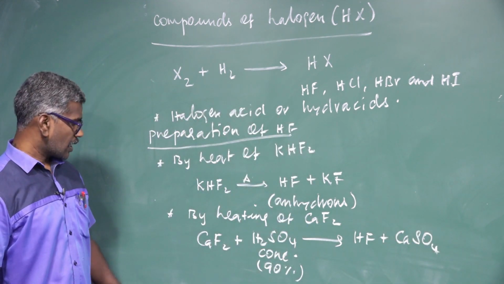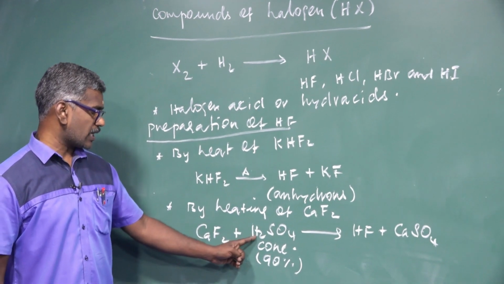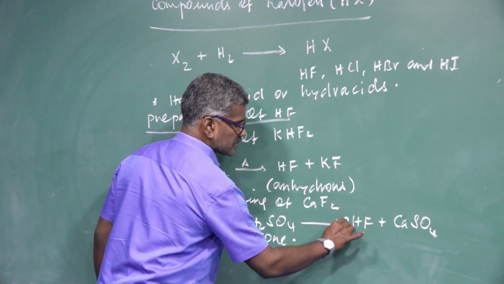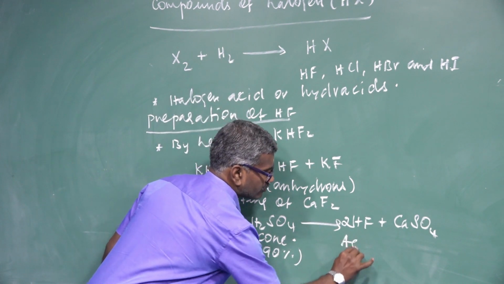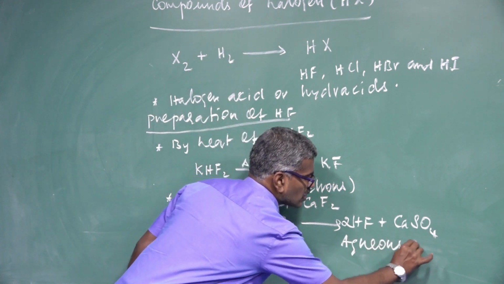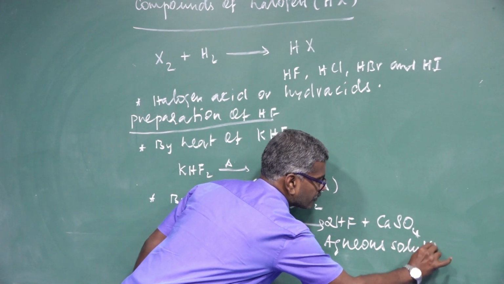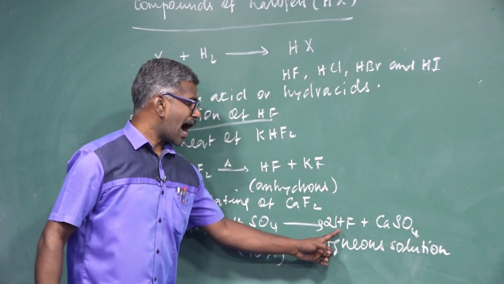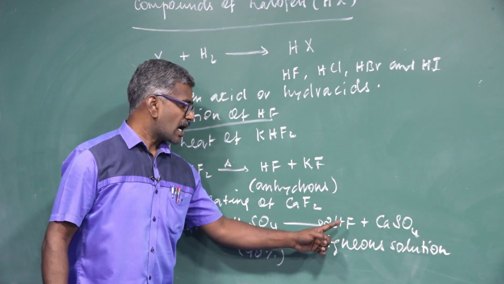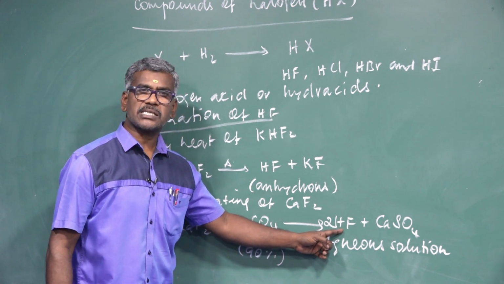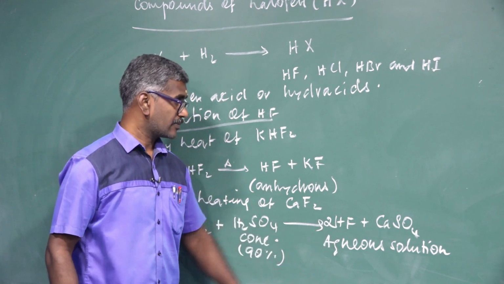Balance the equation: how many fluorine? 2, here 2 hydrogen, so 2 times. This is the aqueous solution of hydrogen fluoride. HF attacks glass and etches the glass.